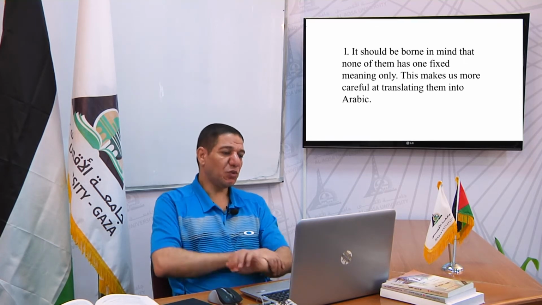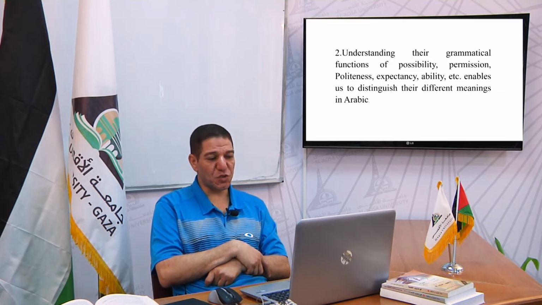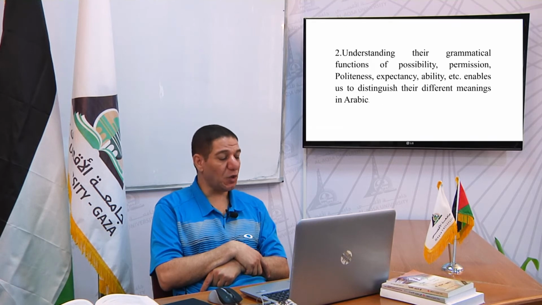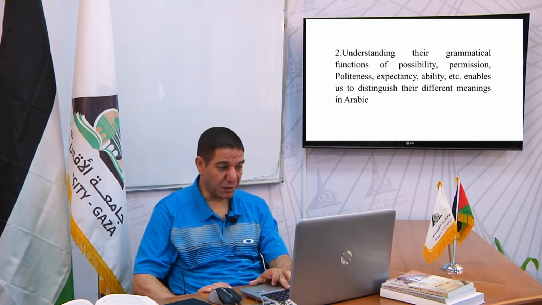Okay? Number 2, understanding their grammatical functions of possibility, permission, politeness, expectancy, ability, etc. All these enable you to distinguish their different meanings in Arabic.